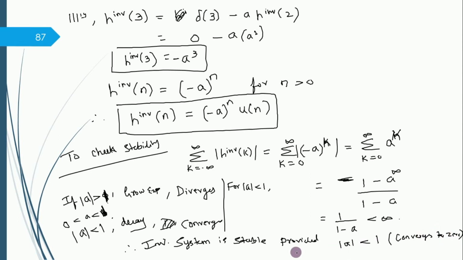It is also called absolute summability. Absolute summability means the sum will result in a number which is less than infinity. That's the meaning of absolute summability. This is the inverse system.